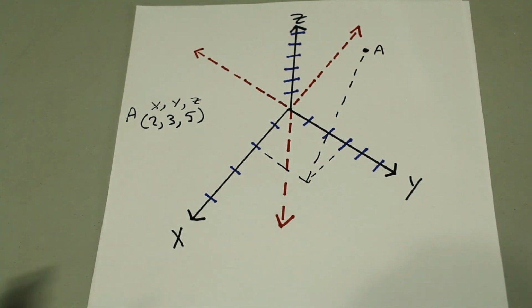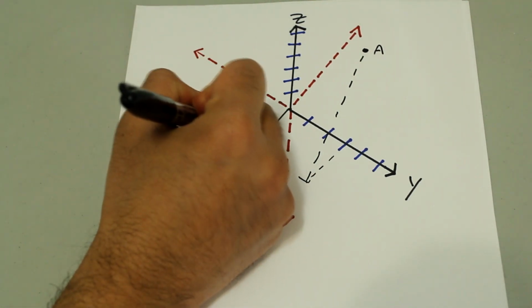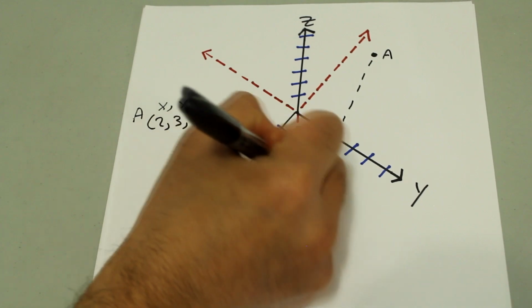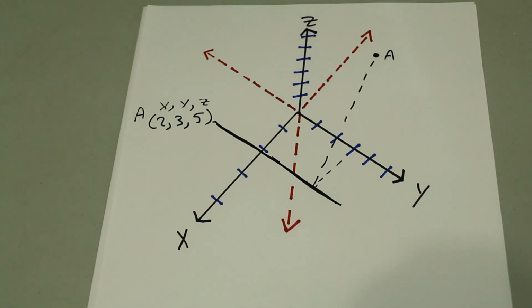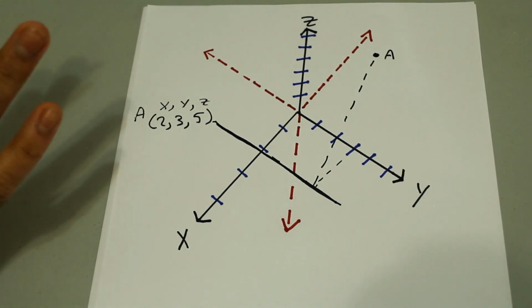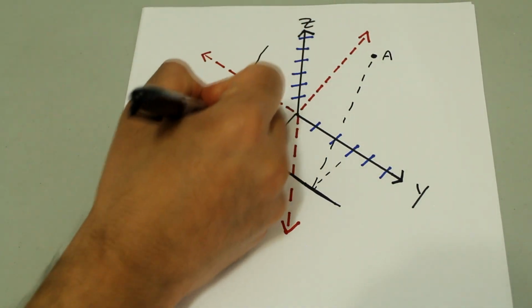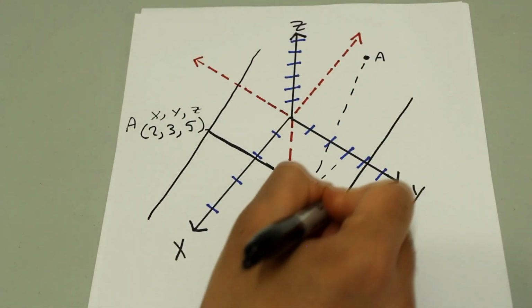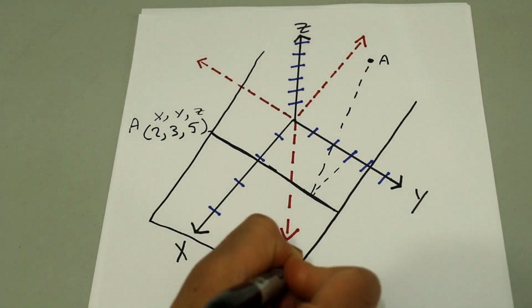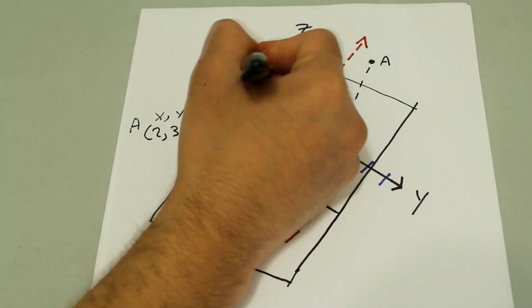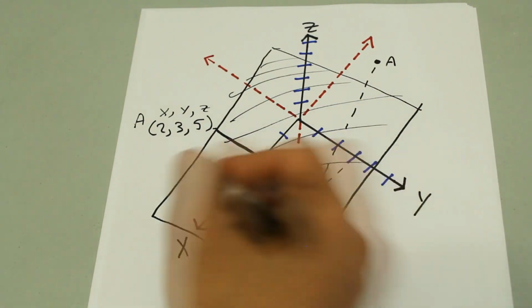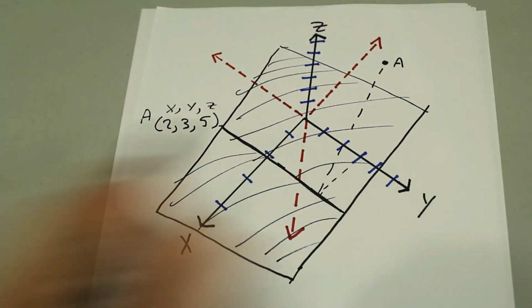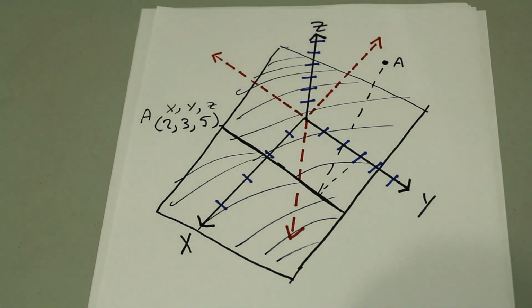Well, the x value has to be 2, but the y value can be anything, and the z value can also be anything. So we could have anything in this direction also. And what do you know? We end up with a plane that has the equation x equals 2, because the x value has to be 2, but the y and the z values can be anything. So just keep that in mind.